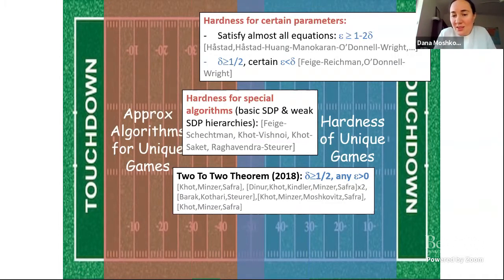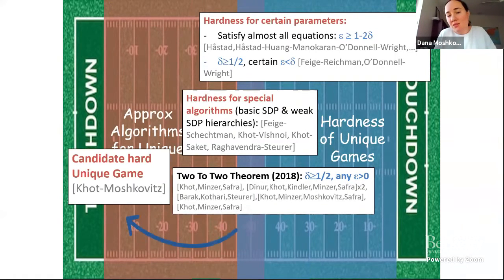And they couldn't do it, and they won't be able to do it because this is NP-hard. So at least with the ideas that the algorithms people had, those are ruled out by this 2-to-2 theorem.